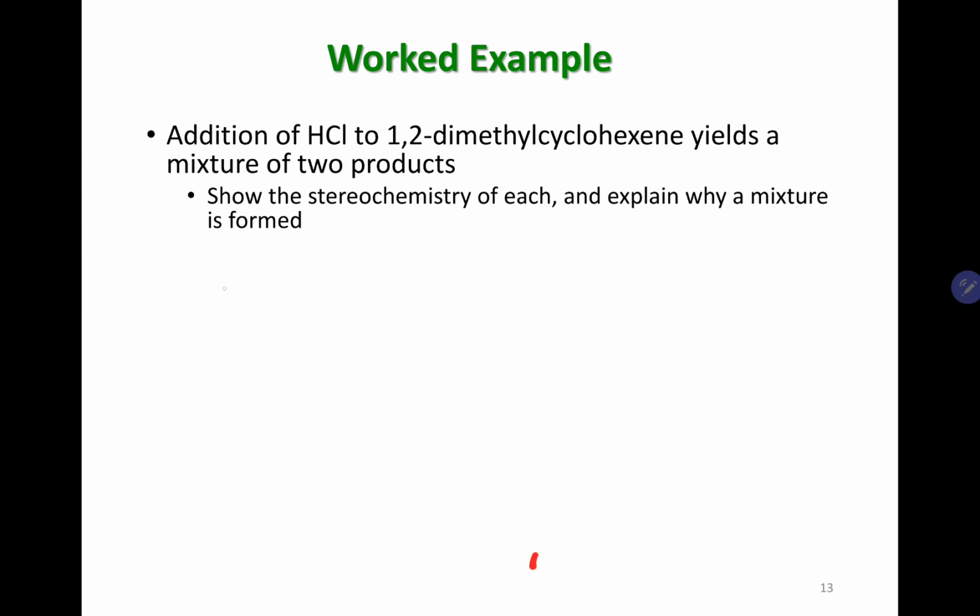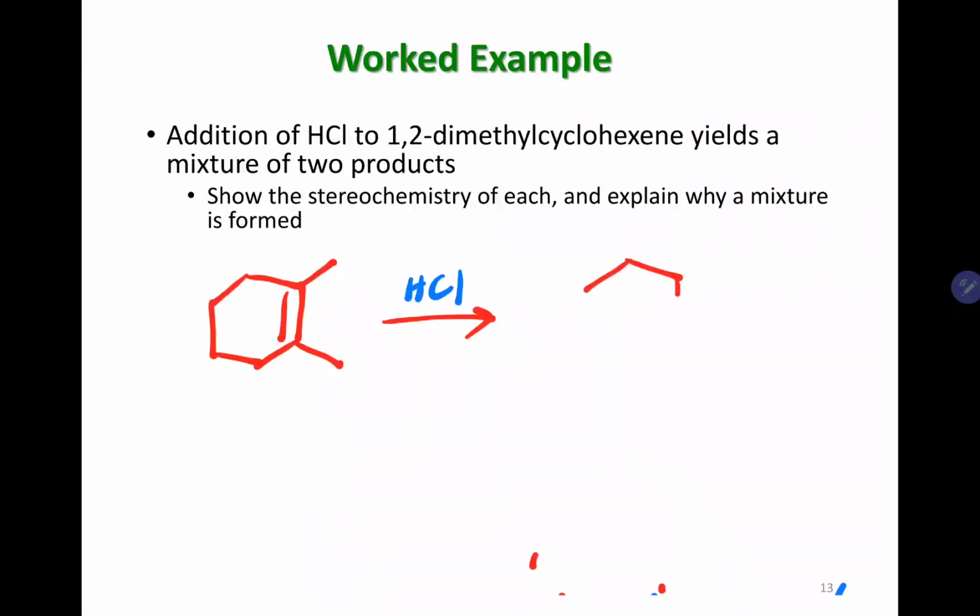So let's first draw the cyclohexene. Here is my cyclohexene, and it has 2 methyl groups. Perfect. And then we are reacting that with HCl. Basically, we will get rid of the double bond, and first the hydrogen will be attached to the ring.